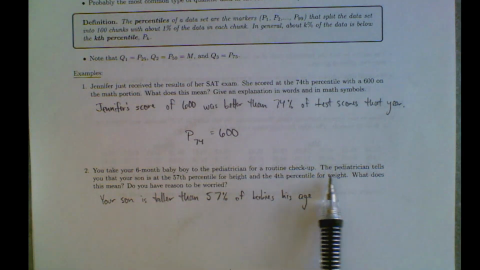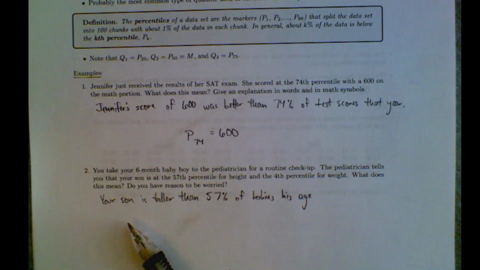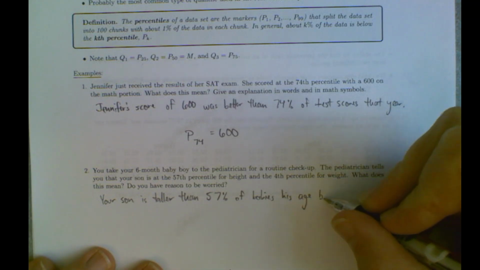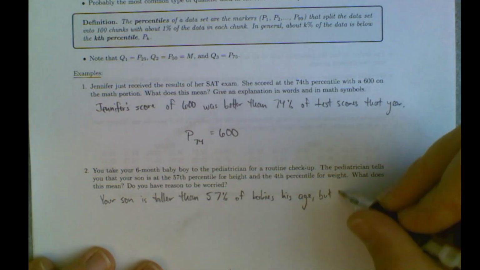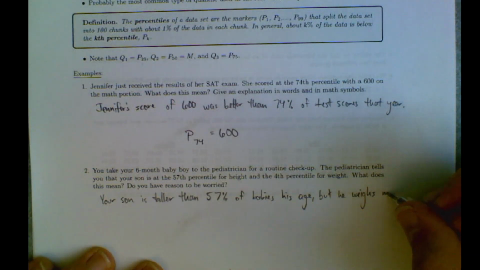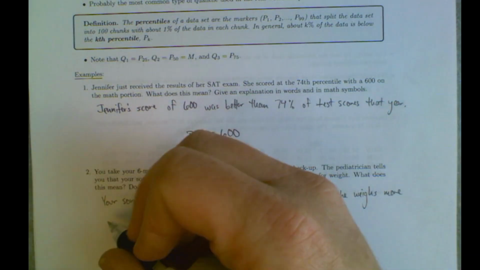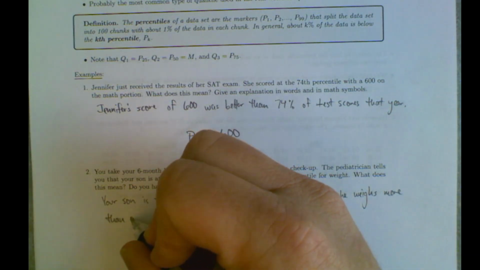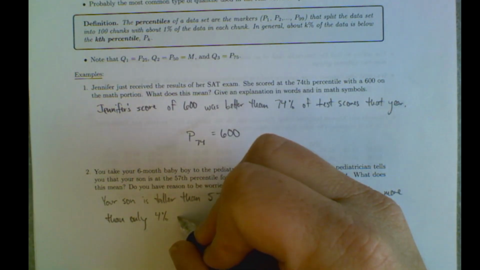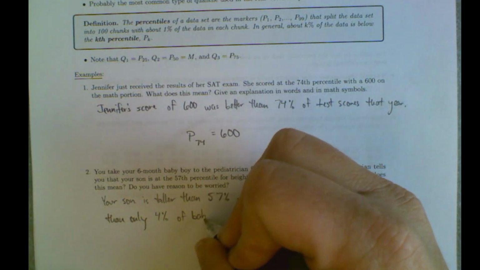For weight, on the other hand, he's only at the 4th percentile. So your son is taller than 57% of babies his age, but he weighs more than only 4% of babies his age.